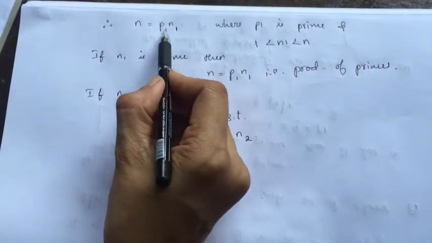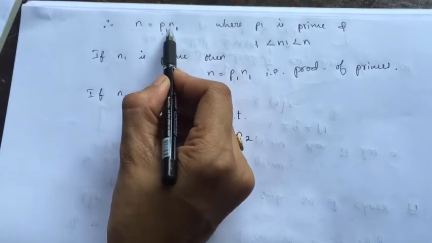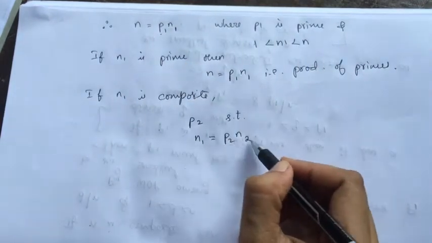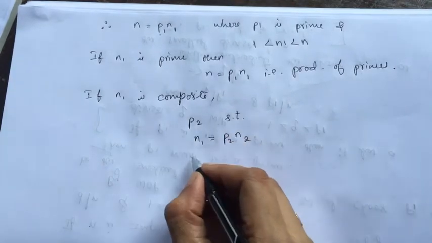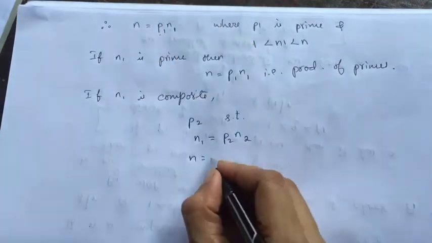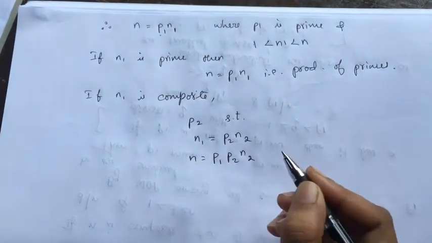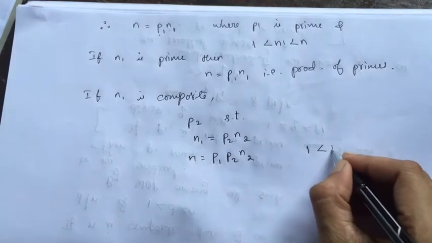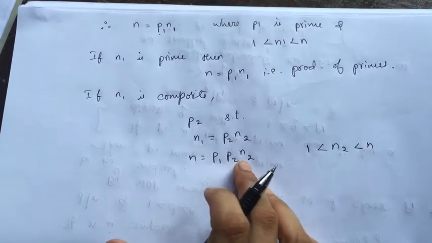Okay, this I'm considering. If it's composite, then I'm taking it as a product of two numbers, P2 N2, and so that N will become P1 N1, P1 N1 is P2 N2, right? With 1 less than N2 less than N. If N2 is prime, then no need to go further.